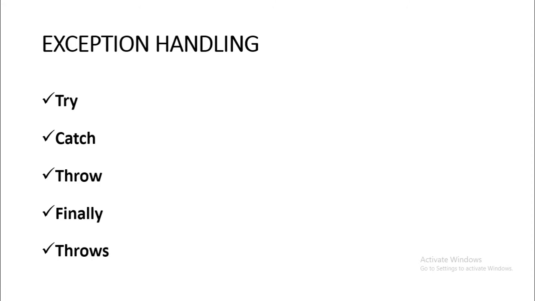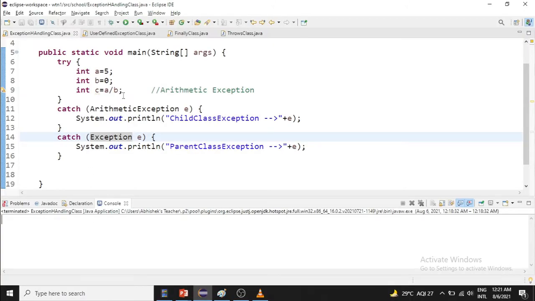Let us see with an example. Here the code is kept inside this try block. While executing, if it is going to create an arithmetic exception, then it is caught by this catch block and this is handled by this catch block. If it is not going to create an arithmetic exception but another exception, then this catch is going to catch it and handle it. So this exception is a parent class exception.